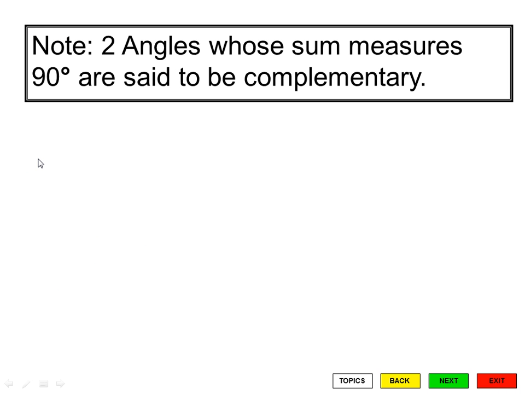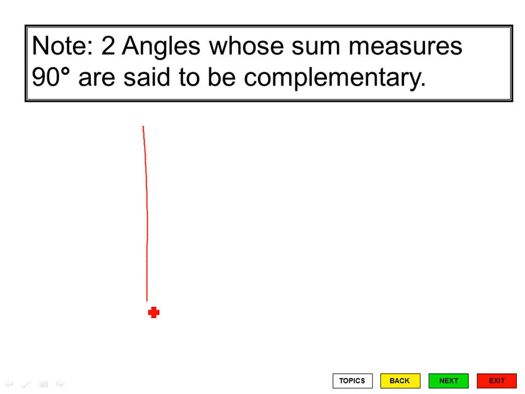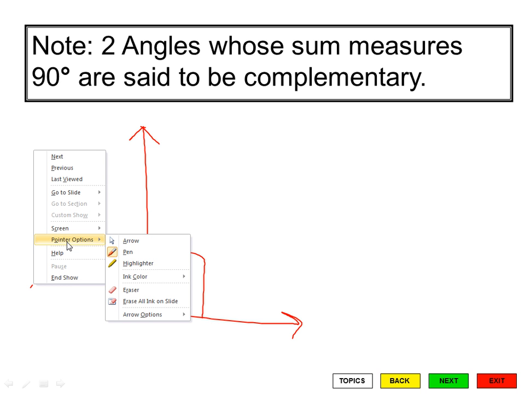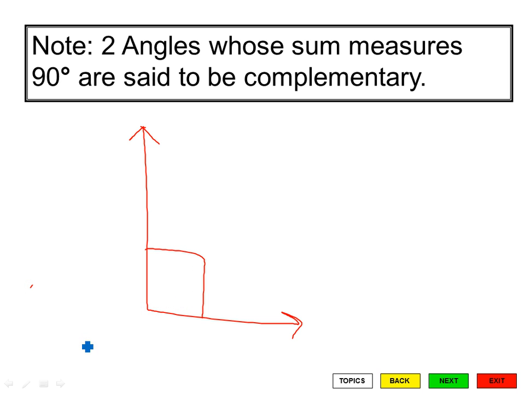Now, the one that Allison said, complementary. Write this down, draw this little picture. What's that box there? It's a right angle, 90 degrees. If I have this right angle, I draw some other ray in here.